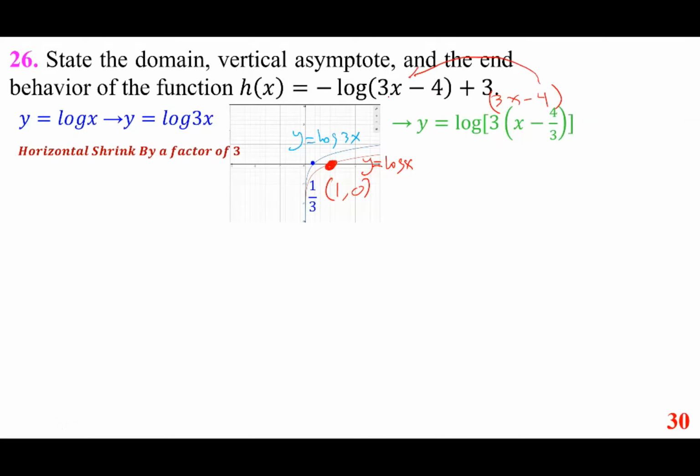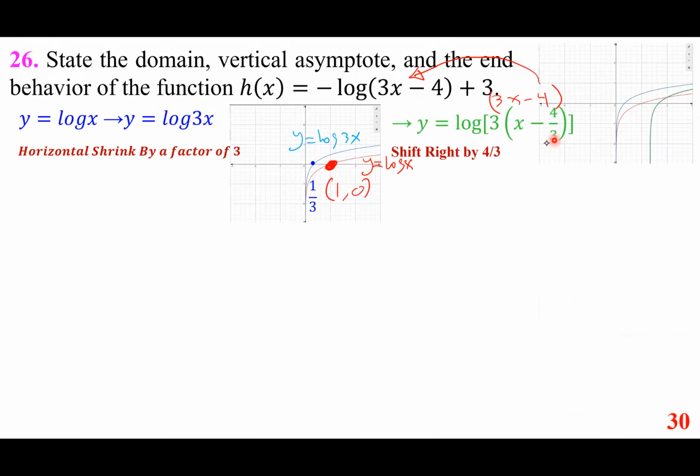We want to get this parenthesis, 3x minus 4. So what this means is it has shifted by 4/3 of a unit. So this point, we are looking at the blue one, shifts to the right by 4/3.